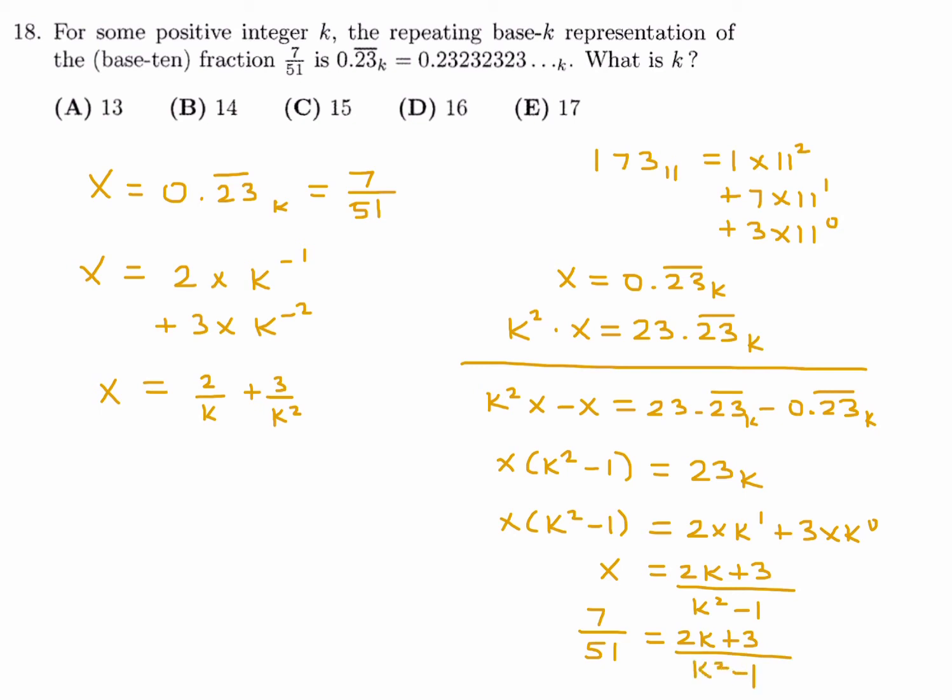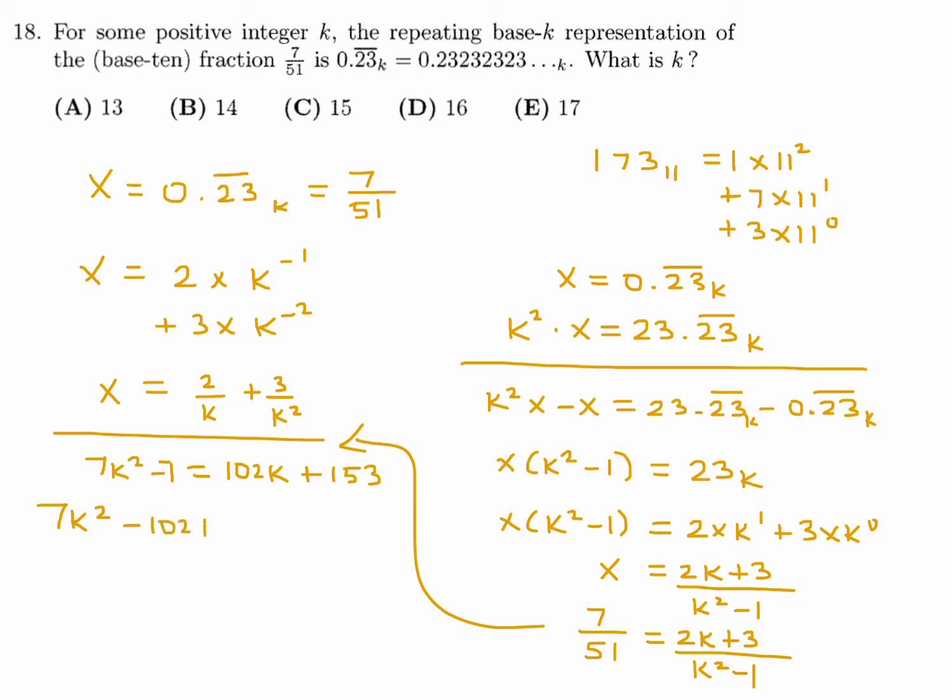So there we go. Cross multiply and get 7 times k squared minus 1 is equal to 102k plus 153. Put everything on one side and get 7k squared minus 102k minus 160 equals 0.